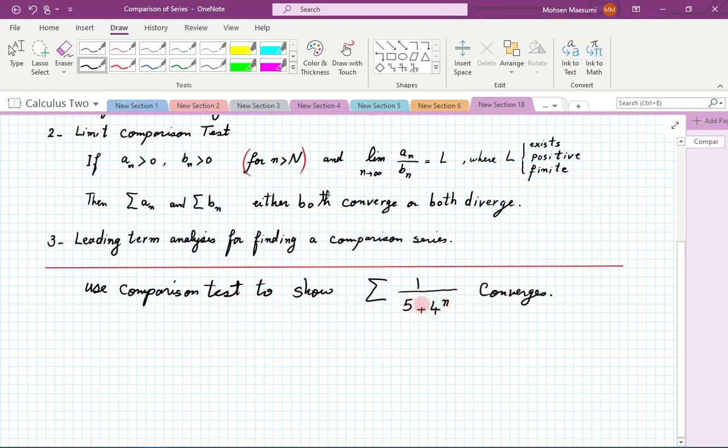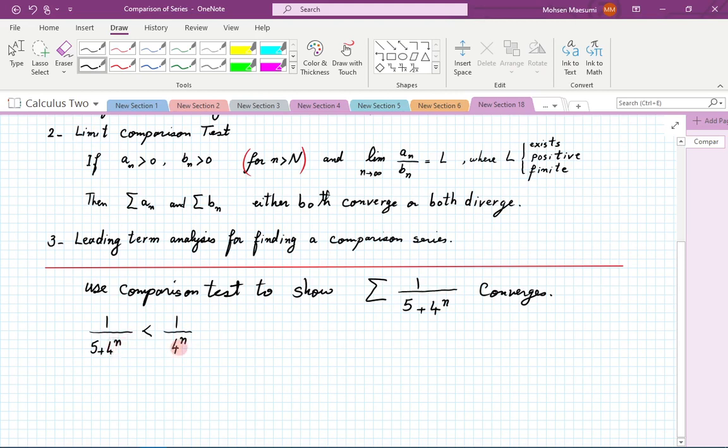If I eliminate this 5 here, I get a series that is bigger than this. That is, notice that 1 over 5 plus 4 to the power of n is smaller than 1 over just 4 to the power of n. Why? Because if you make a denominator bigger, your fraction gets smaller. So this is definitely less than that.